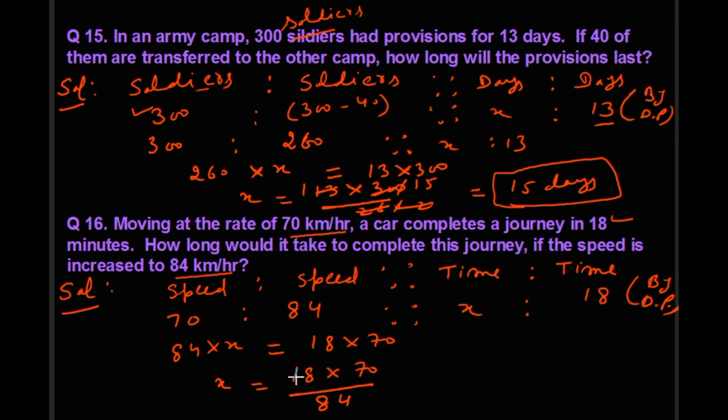Now 9 2s are 18, 42 2s are 84, so the answer here is 15. What we have found is minutes.